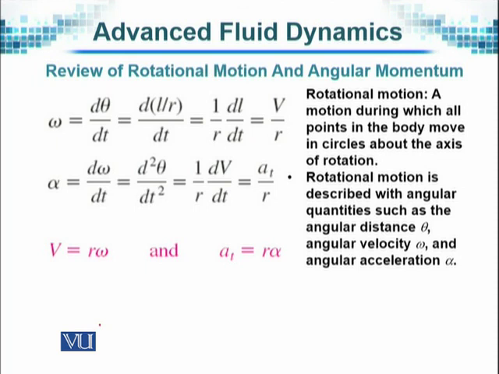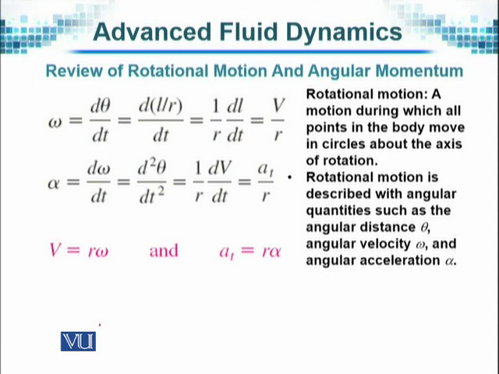And for the rotation, if the angular distance traveled is theta, then omega is assigned to the angular velocity, that is the angular distance traveled divided by time. So in linear velocity we have distance by time, in angular motion we have theta by t.